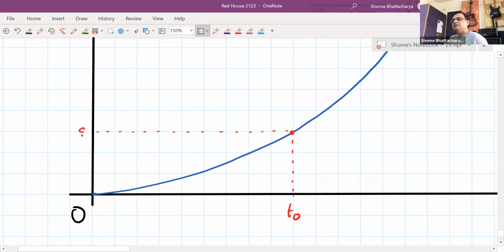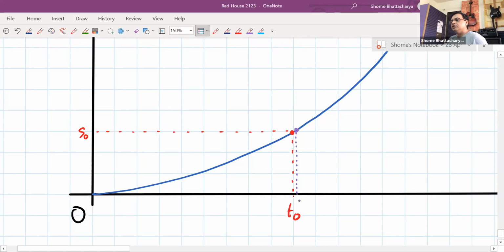So at that instant, the distance from the initial point is some s naught. Now I'd have to select a point which is extremely close to t naught, so close that this time interval delta t is extremely small.